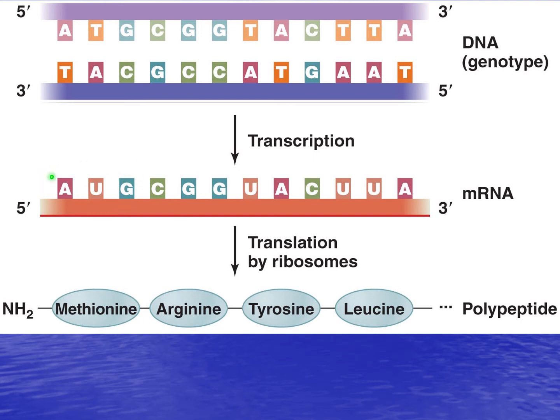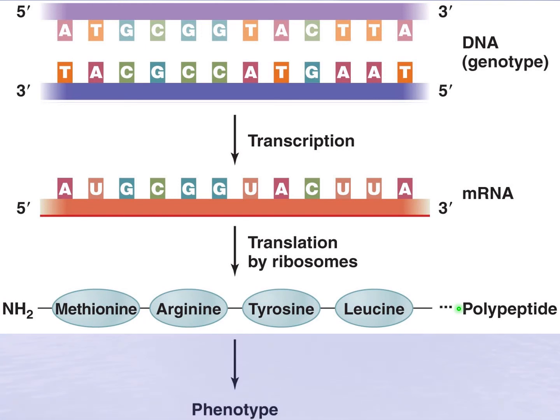So the codon AUG is going to code for methionine, CGG codes for the amino acid arginine, UAC codes for tyrosine, etc., etc. And the amino acid sequence then will determine how the protein folds up. How it folds up determines its function, which determines the phenotype.